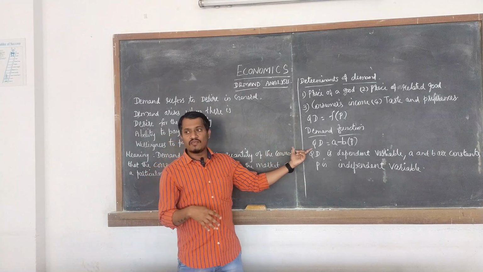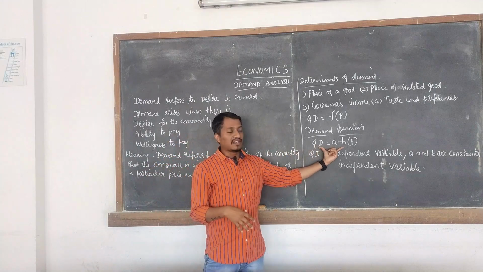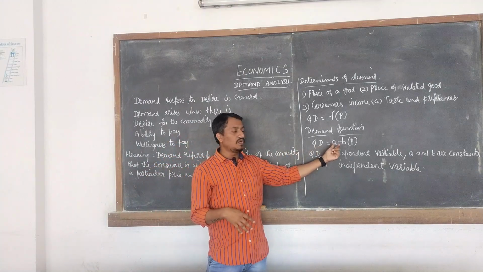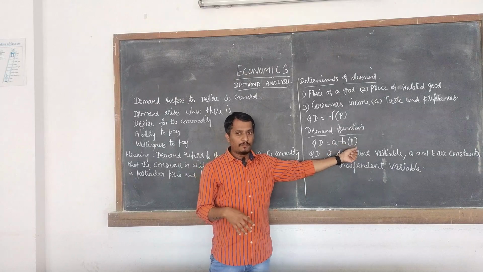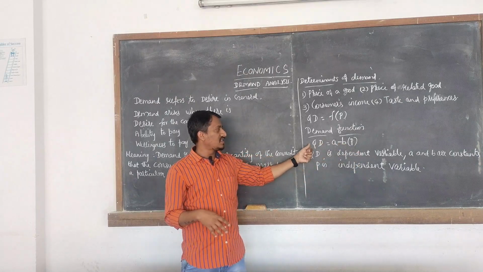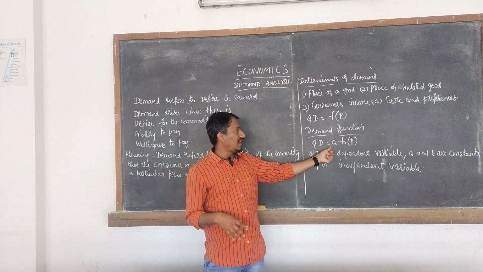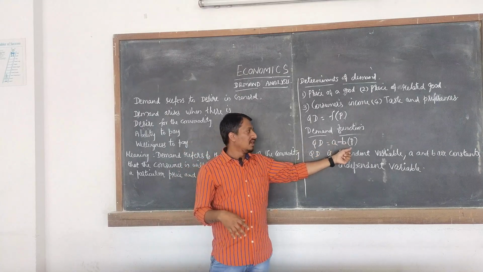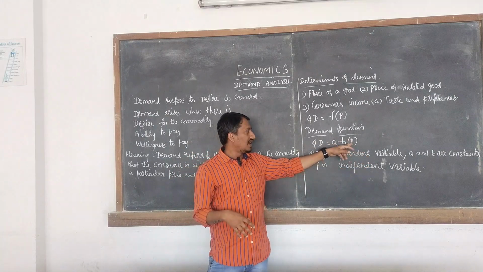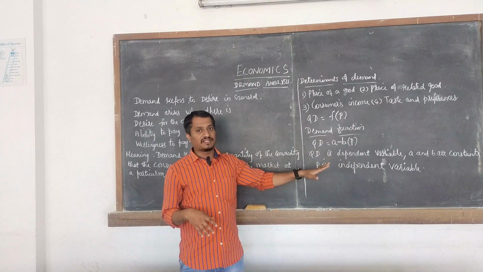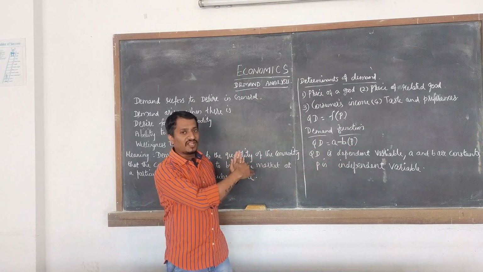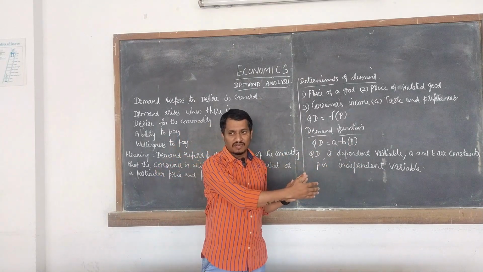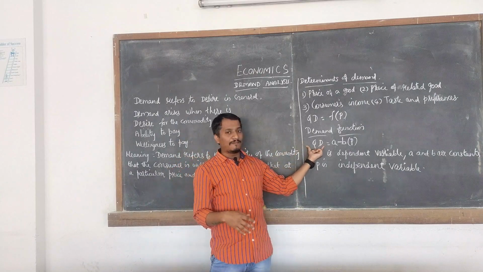If we write it in the form of an equation, we can write QD = A - BP. Here QD is quantity demanded, A and B are constants, and P is price. So here we have a dependent variable as well as an independent variable. Quantity demanded depends on price.